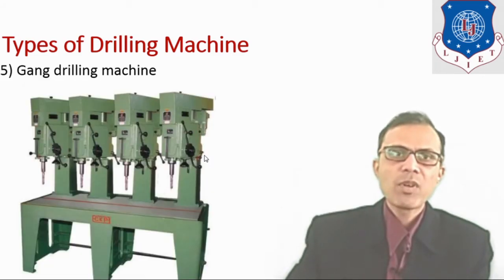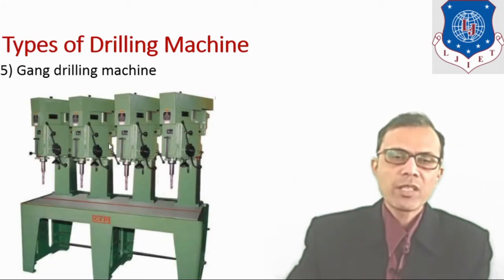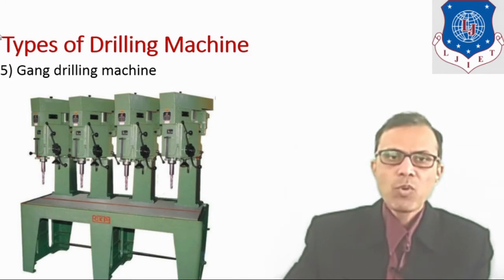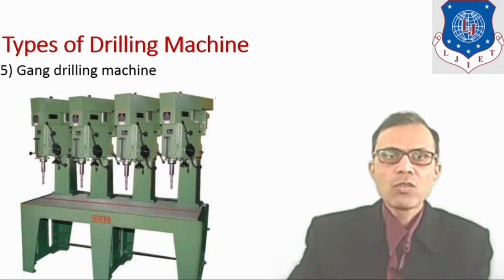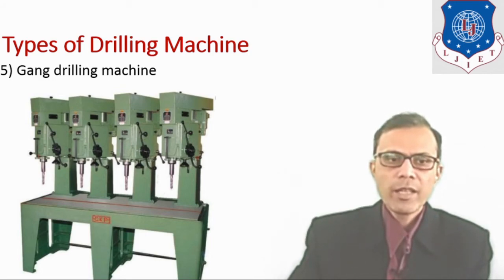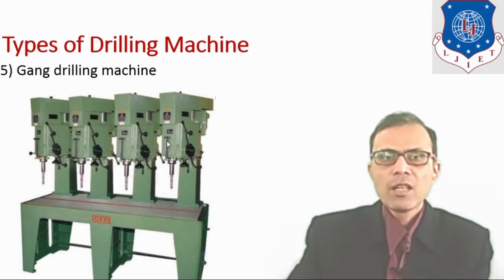Next type of drilling machine is the gang drilling machine. In the case of a gang drilling machine, you can see here in the photographic view, several, 4 to 6, drill heads can be mounted on a common work table. Here in this view, we can see that 4 drill heads are mounted on a common work table.